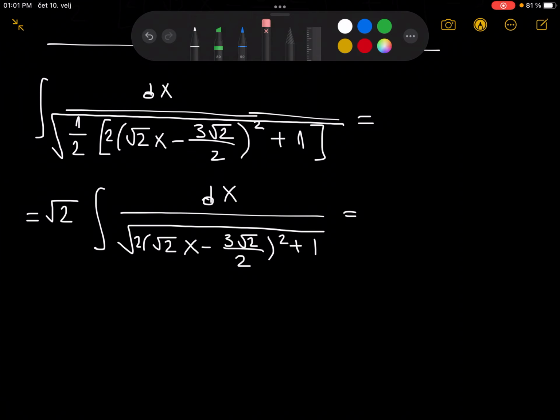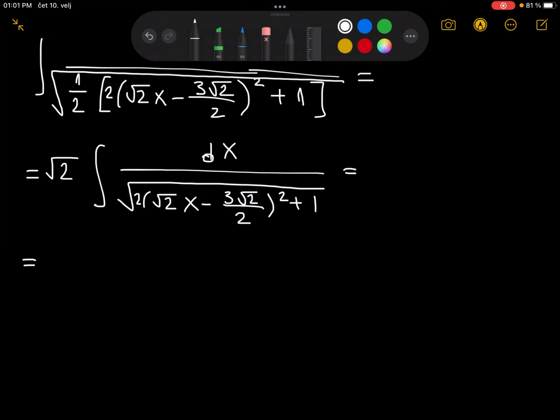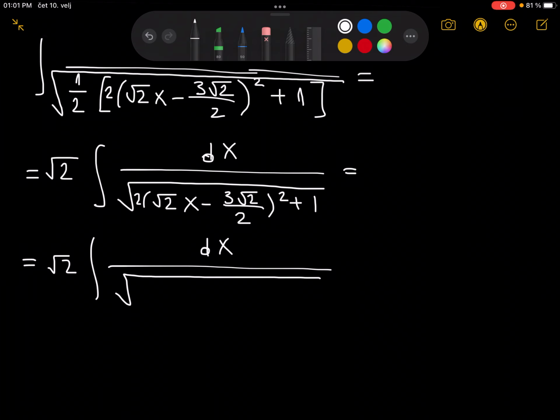Actually, before doing this, I'm just going to rewrite this one more time, which is equal to the square root of 2 times the integral of dx over, and I'm just going to plug in this 2 right here, so that's going to be the integral of 2 times x minus 3 squared plus 1.